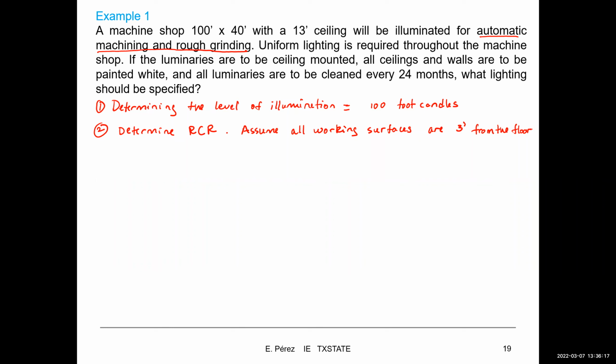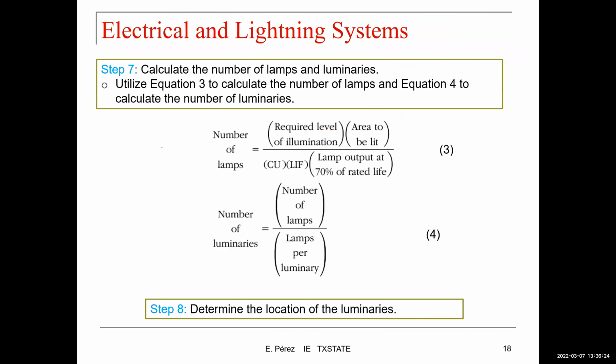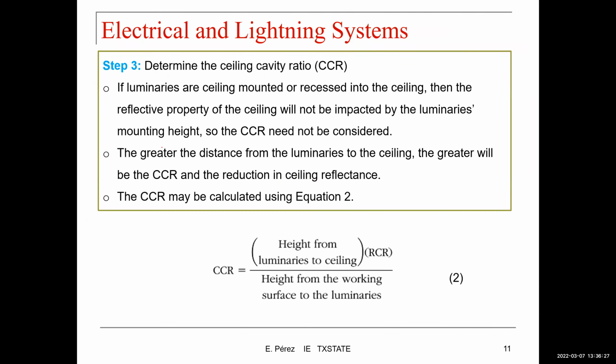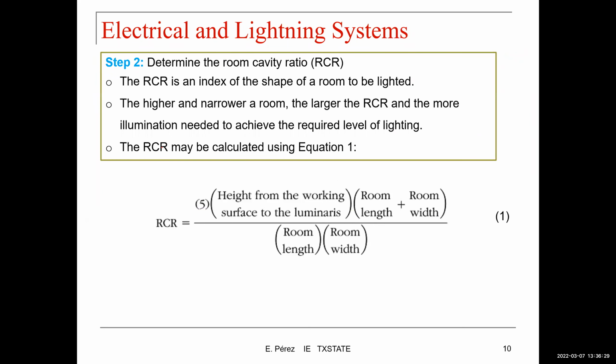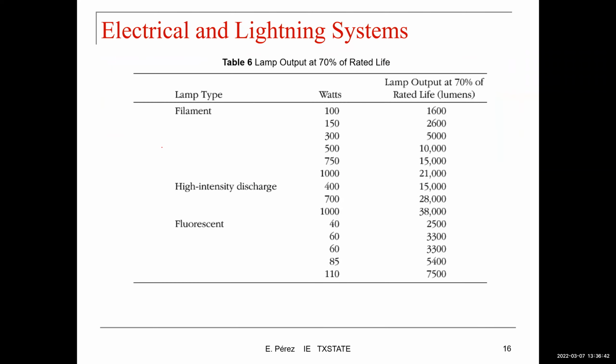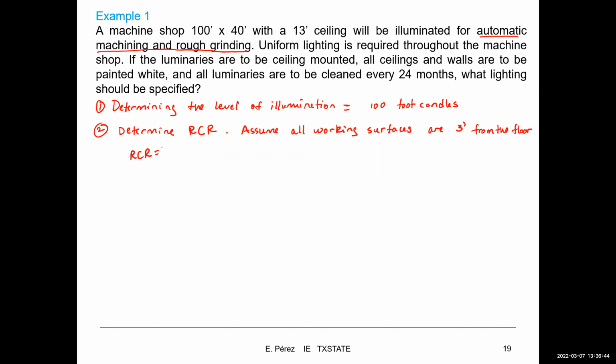So in order to compute the RCR, it is 5 times the height from the working surface to the luminaries, times the room length plus the room width, divided by the room length times the room width. So the RCR is going to be 5 times 13 feet minus 3 feet.